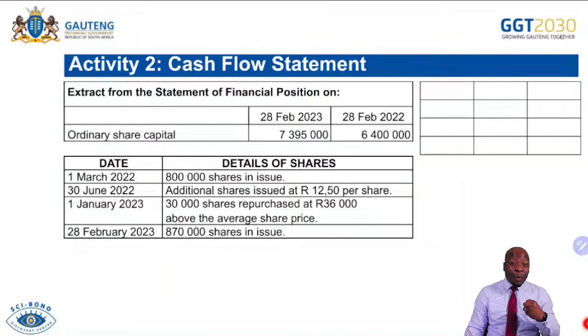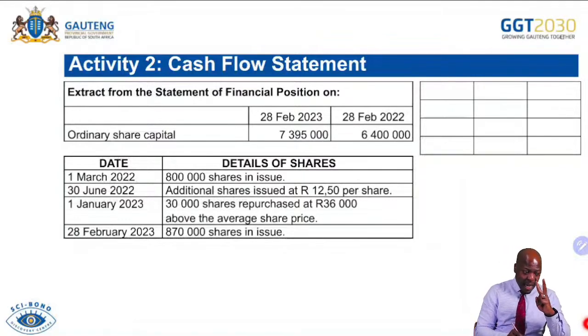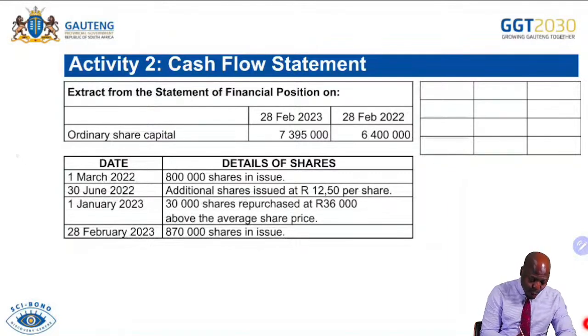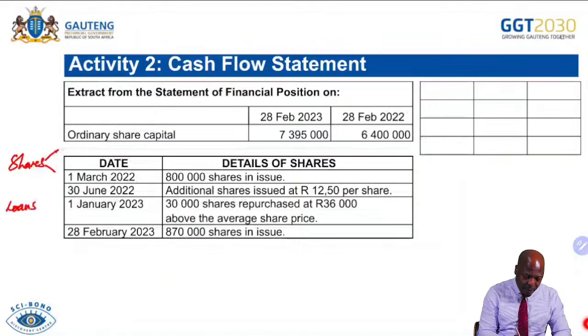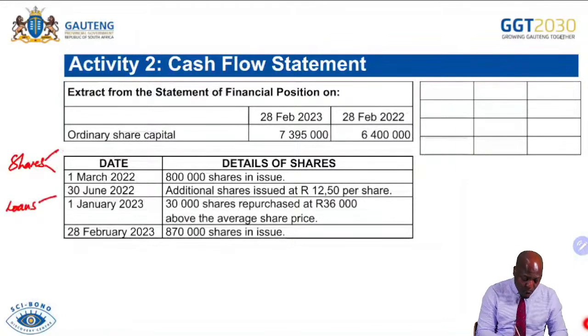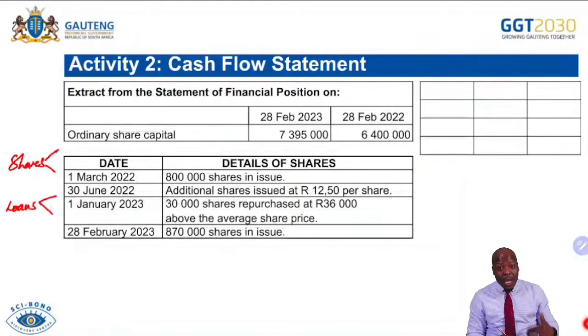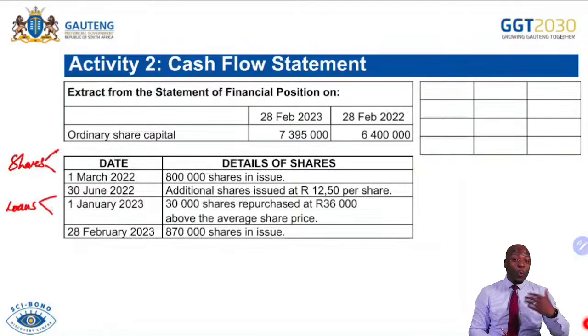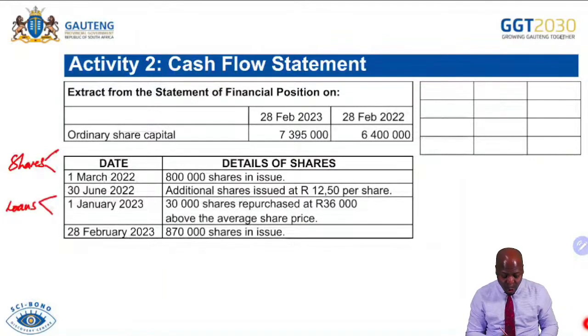So when we come to financing activities, there's also two aspects that we look at. Number one, it is your shares. And then the second one, it is your loans. And the shares, we have two aspects, that is your proceeds from issue of shares as well as the repurchase. And your loans will either have when we have received a loan or when we have paid back a loan.